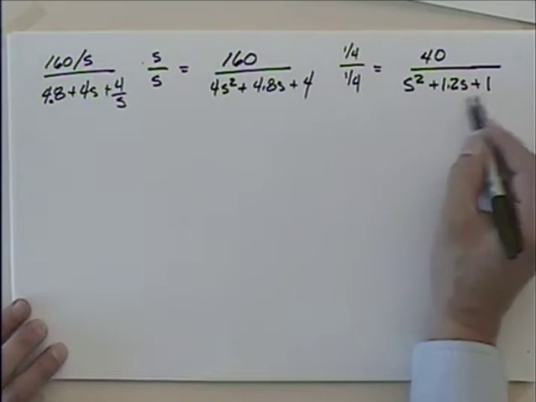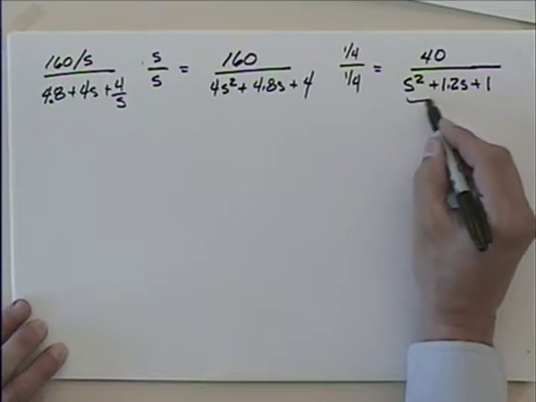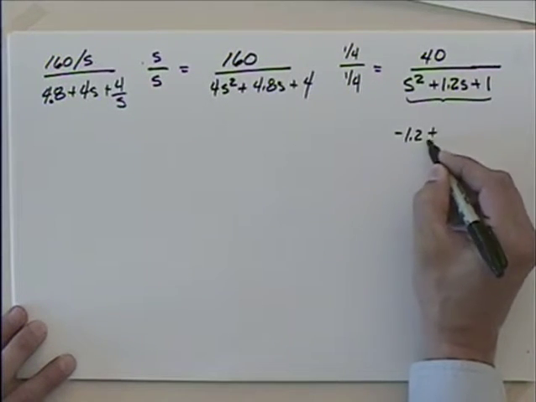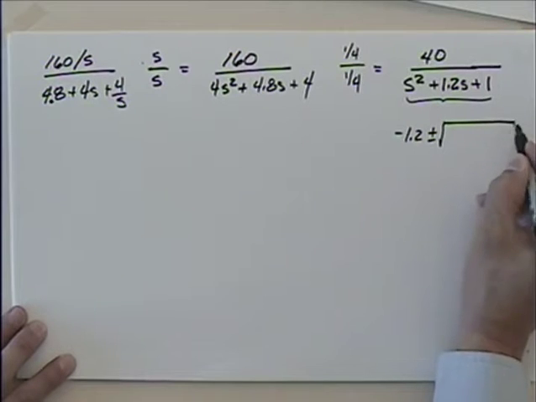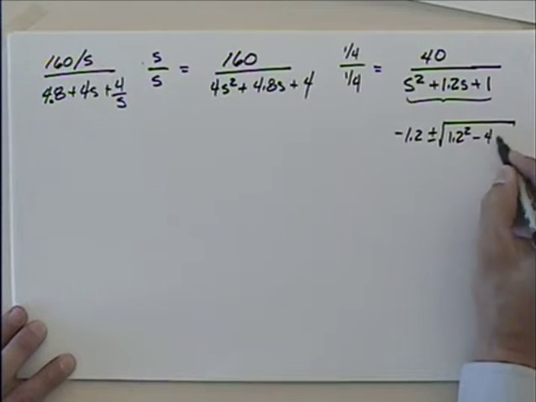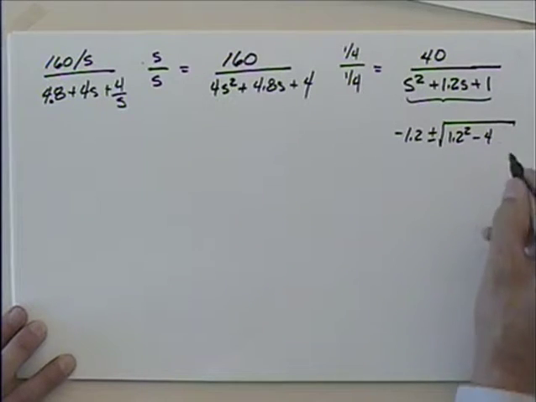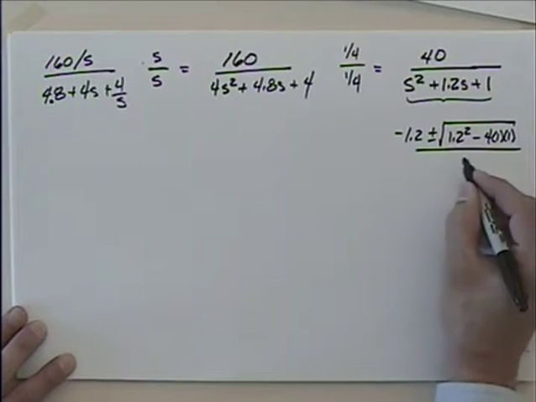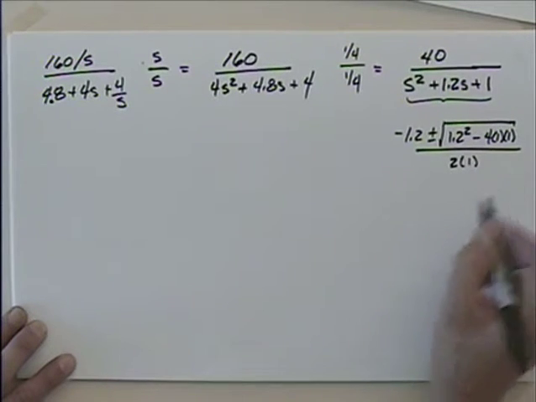So now if I look at this piece here, if I factor that, I'm going to have minus 1.2 plus or minus the square root of 1.2 squared minus 4 times 1 times 1, all divided by 2 times 1.